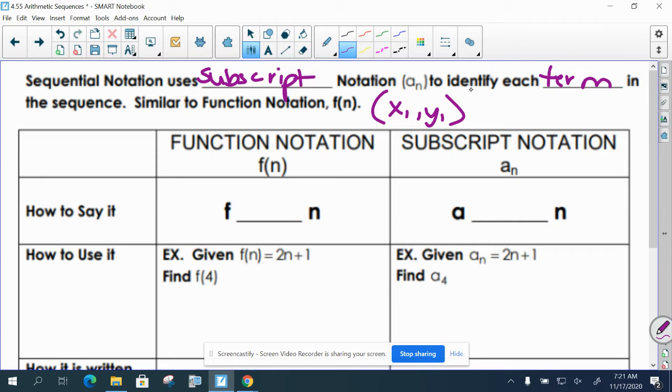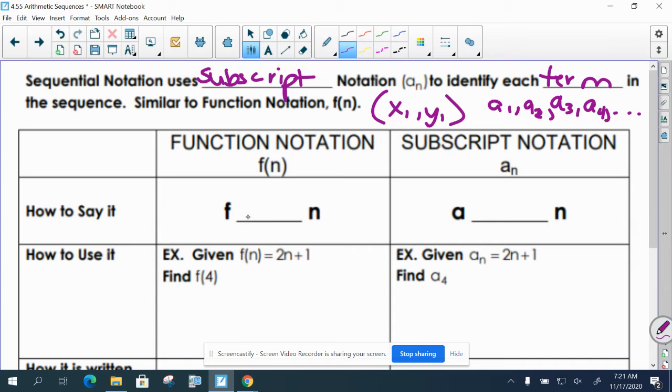So your first term would be a sub 1, your second term would be a sub 2, your third term would be a sub 3, your fourth term would be a sub 4, and on and on. Similar to function notation. So it's kind of like f of 1, that's a sub 1, f of 2, that's a sub 2.